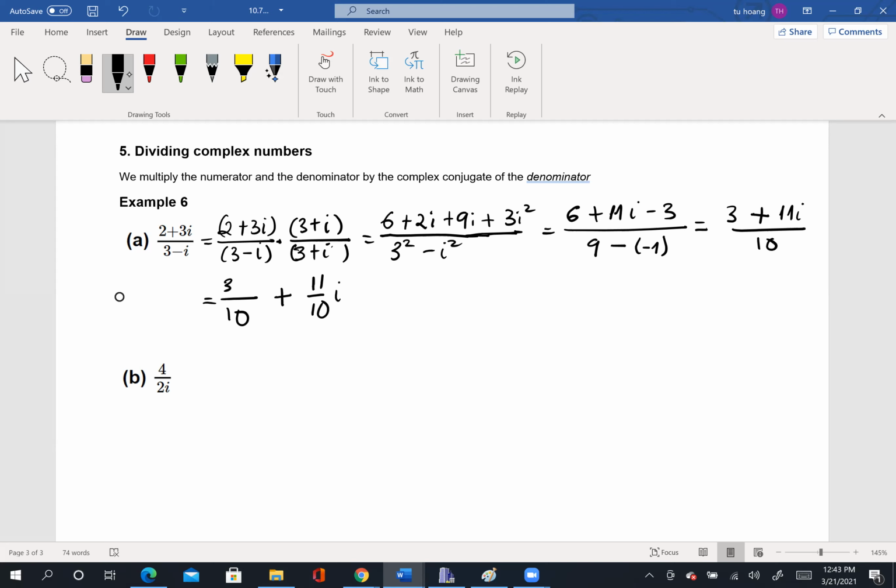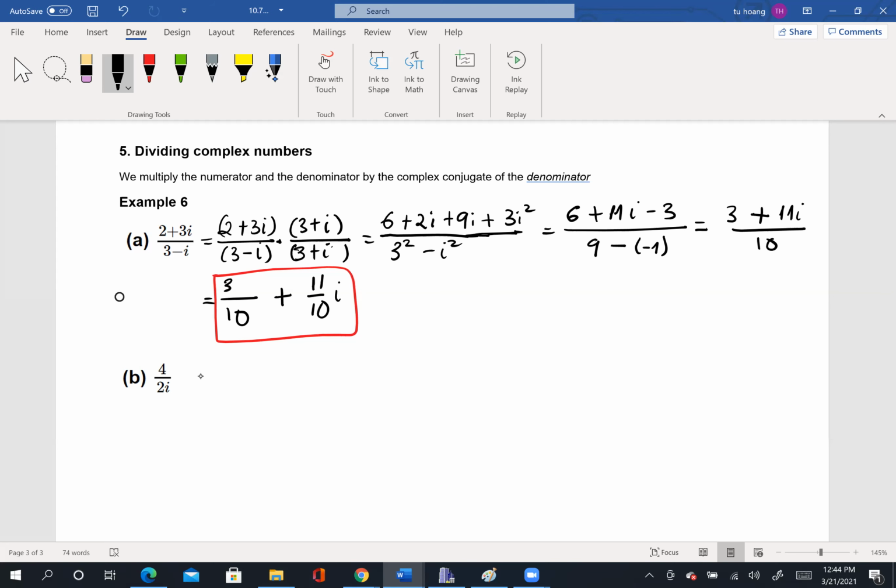I like to split it using the addition of fractions, so you can have this form as a general complex form, right? Because they need to have the real part and the imaginary part separate. Okay, so move to the next problem.